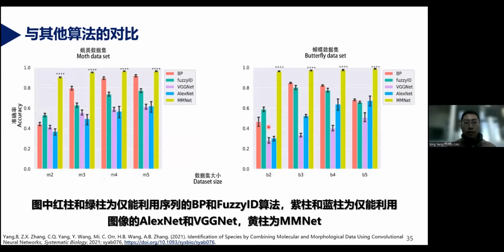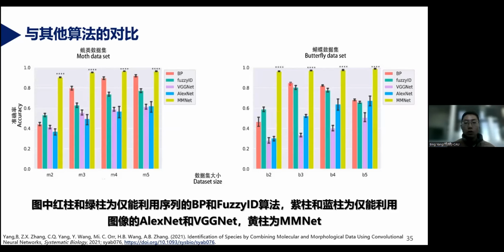These graphs show our methodologies using sequences. The red and blue bars are BP and fuzzy ID algorithms, the purple and blue columns are AlexNet and VGGNet, and the yellow bar is MMNet.